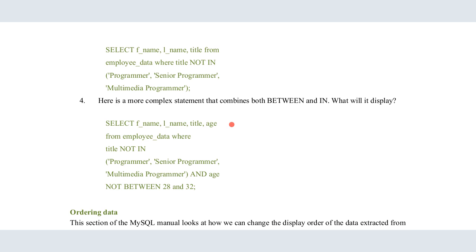So it's basically filtering from two perspectives and is using an AND operator to join the two different levels of filtering. That is not in and not between. Okay.